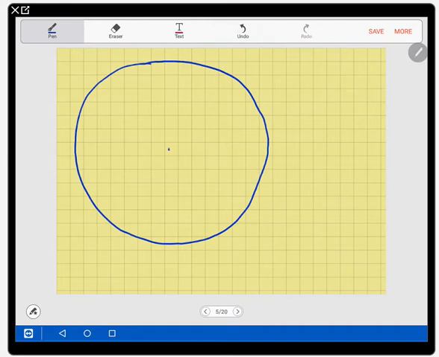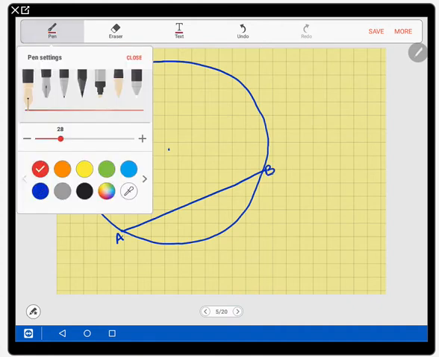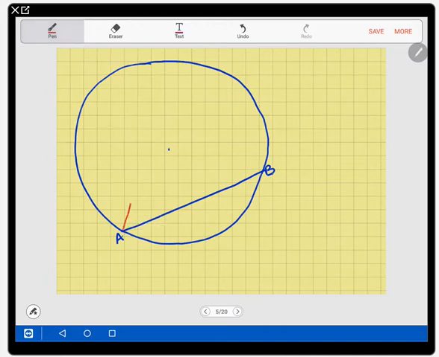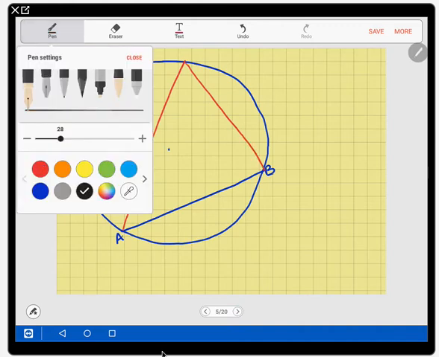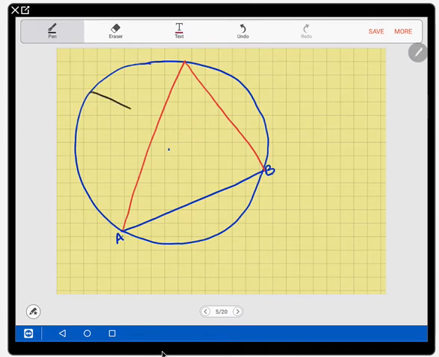Center here. If I draw a chord here, let's call it AB, and I got this point, let's say I call this point A, B, C, D, right?